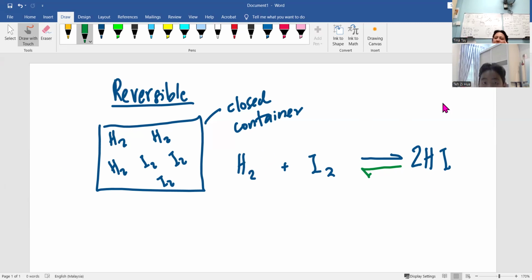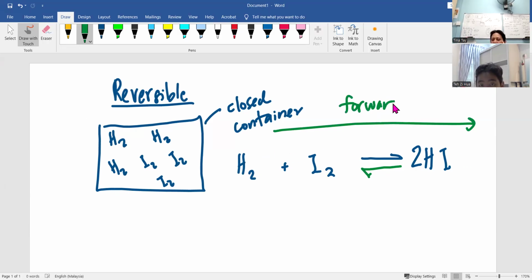When hydrogen and iodine form hydrogen iodide, this direction is called a forward reaction, or shifting to the right.